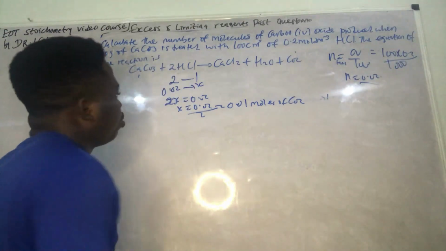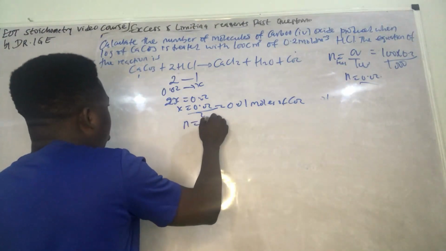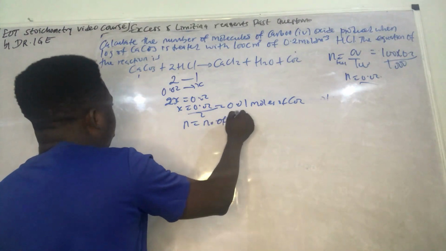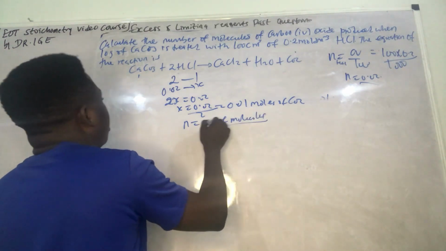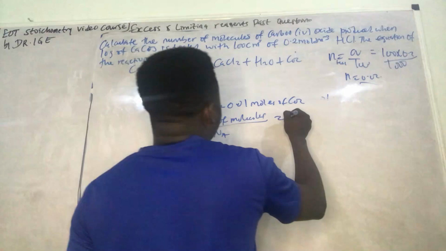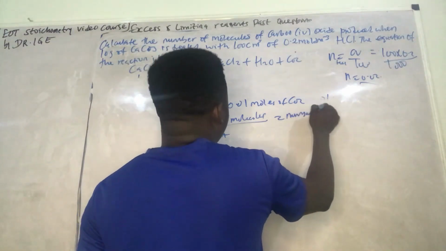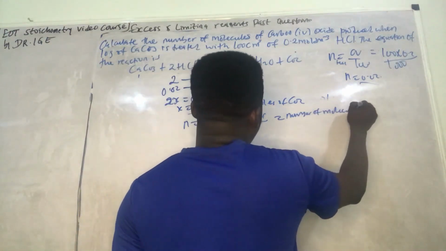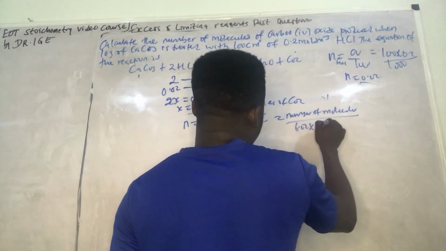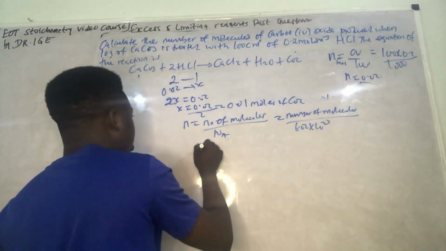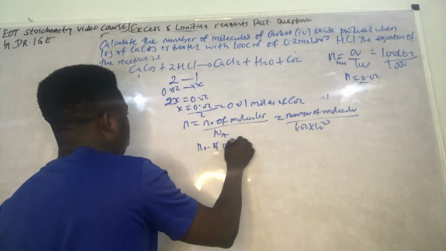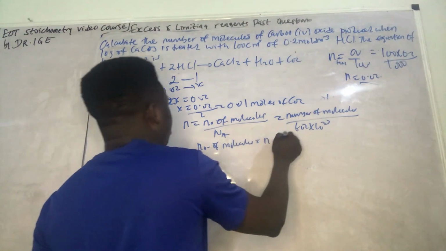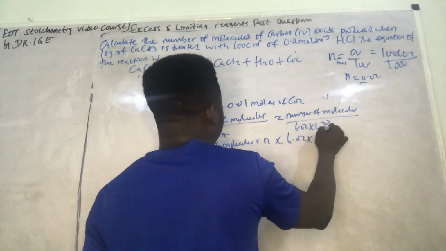Remember, I look for the number of molecules. I remember that N equals number of molecules over Avogadro's number, all over 6.02 times 10 power 23. So number of molecules equals N, number of moles, times 6.02 times 10 power 23.